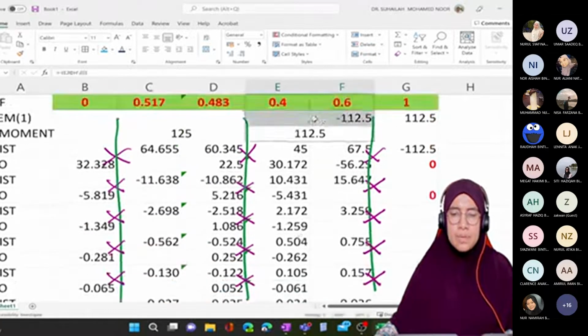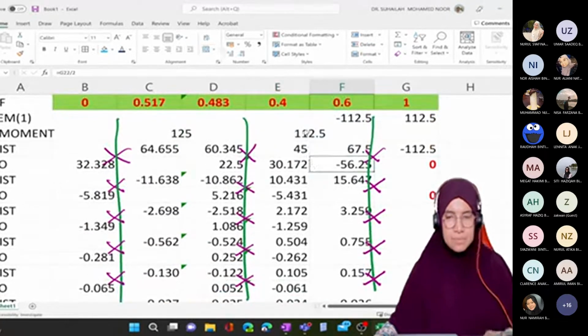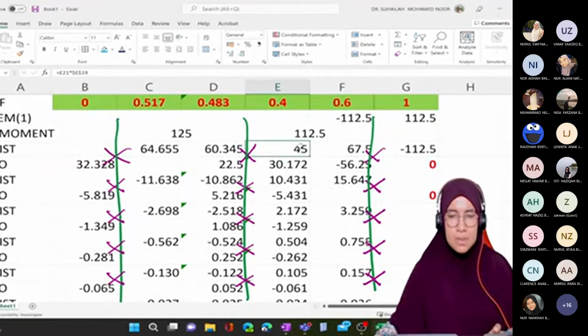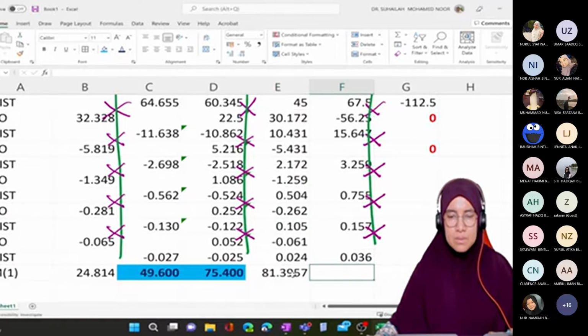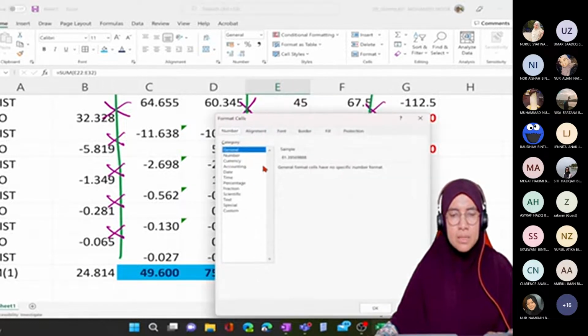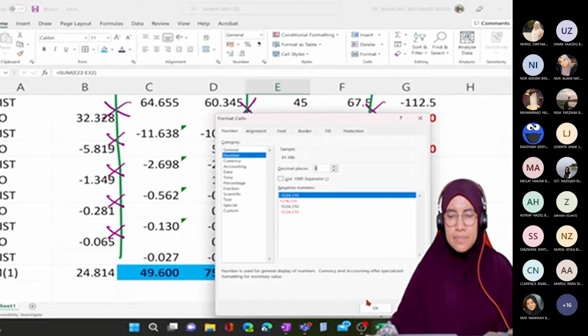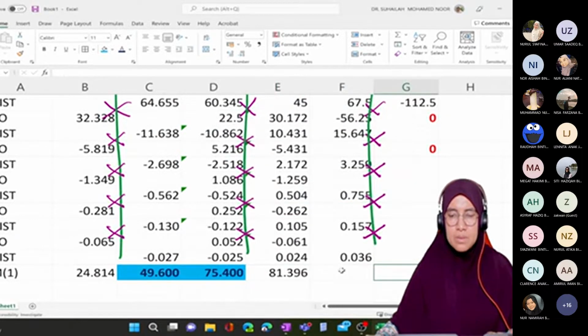Okay. So this total moment is 81.395, 3 decimal places. Okay.